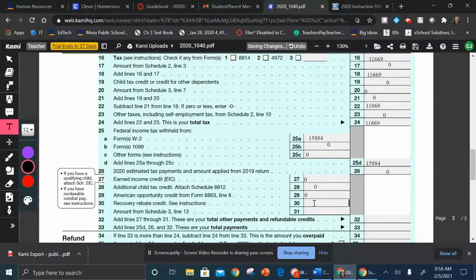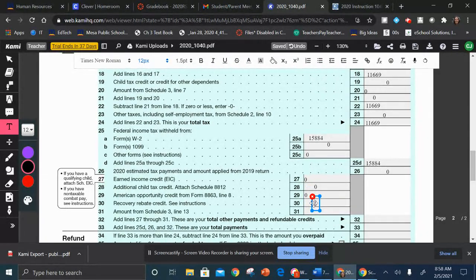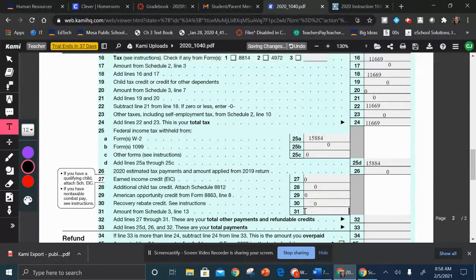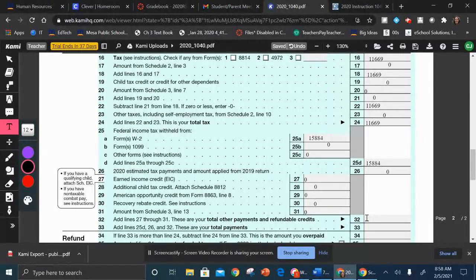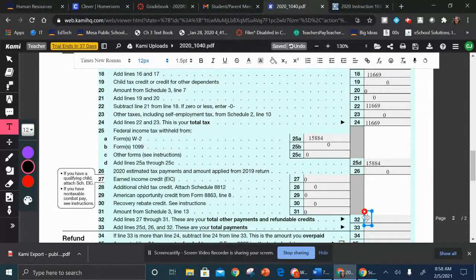Recovery rebate. Okay, so 0. Okay, these are your total payments. So we add those together.